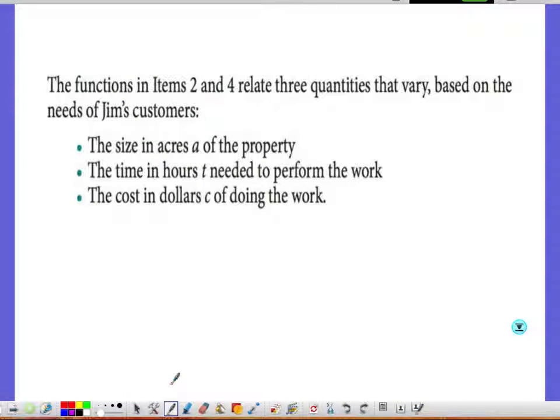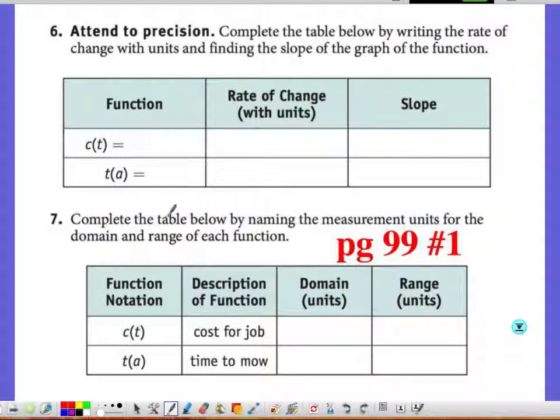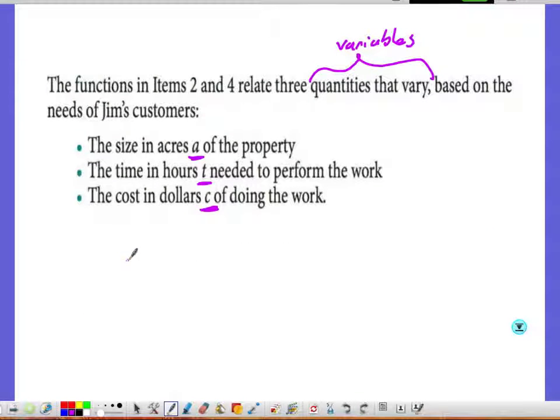The functions in items 2 and 4 relate 3 quantities that vary based on the needs of Jim's customers. So quantities that vary, that's basically another way of saying variables. So we have 3 variables, and here they are: the size in acres, time in hours, and cost in dollars. So can you see that we had a 2-step process? First, we began with 2 acres.